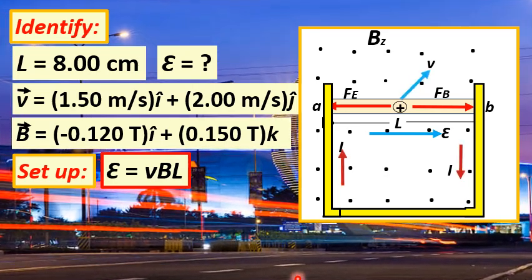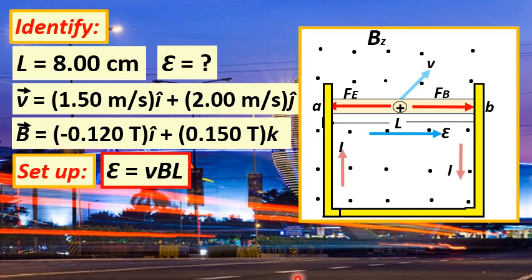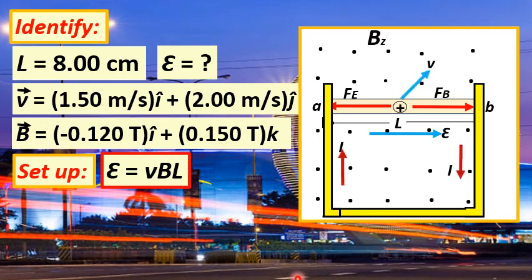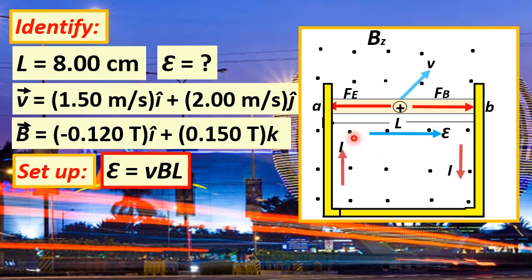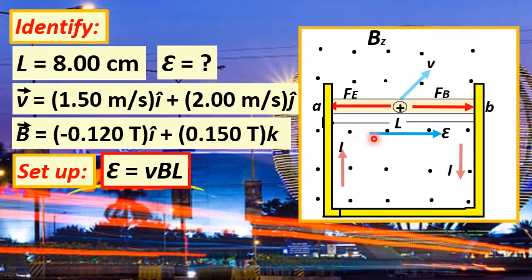However, at this point, we can already compare which end of the rod is at a higher potential. Is it end A or is it end B of the rod?